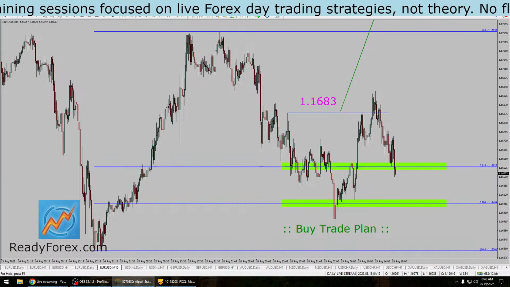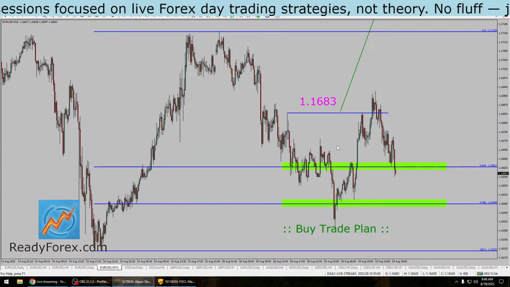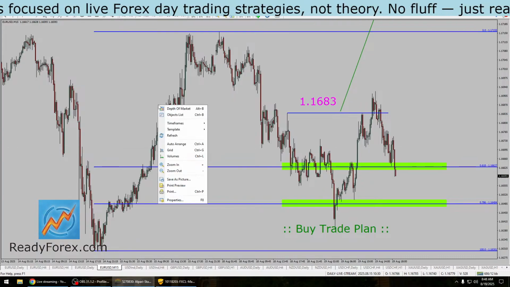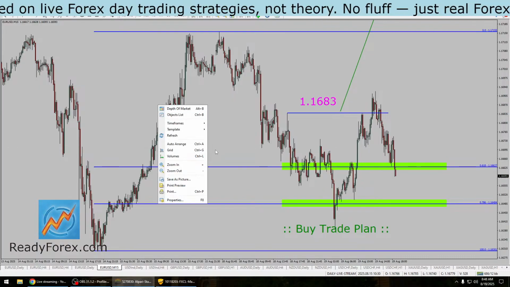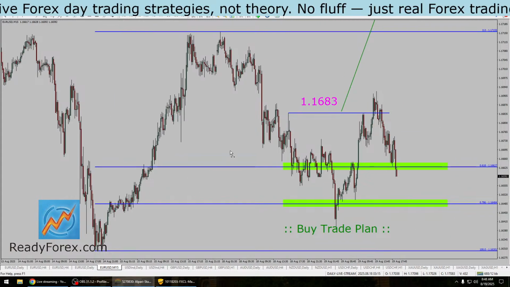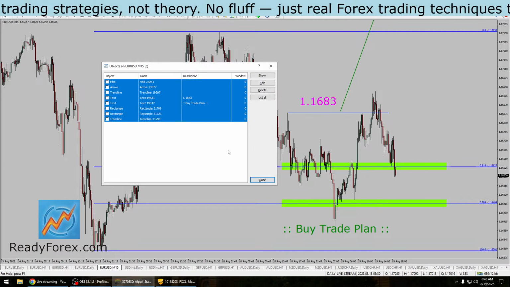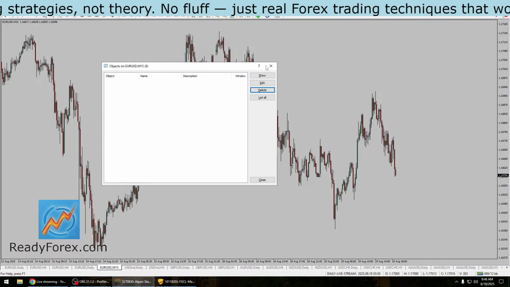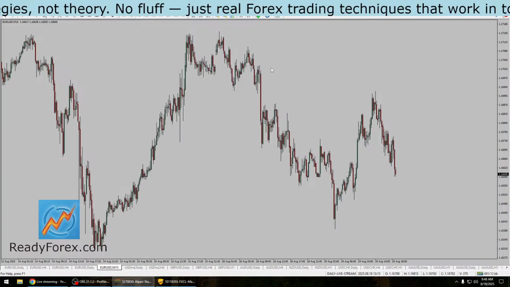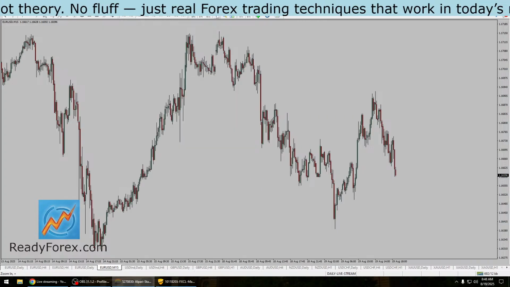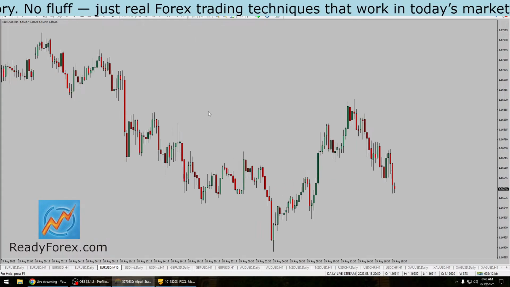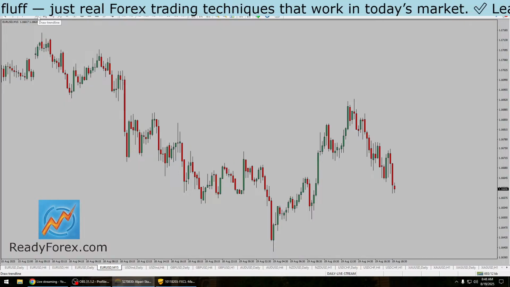So that was a buy trade plan here, and I'm going to remove all this, and I'm going to show you the wave pattern that we got so far, and if this pattern is going to fail, then what to do next.